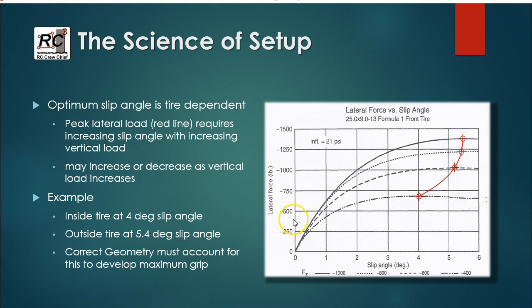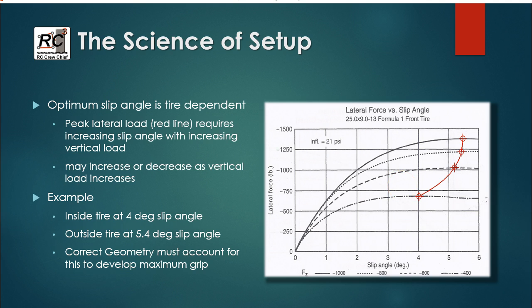Now, to keep that balanced on the other side, you have toe out on the other wheel, so they're balanced out. So now, if you consider that we start turning into the corner, the inside tire is developing slip angle very quickly, and the weight transfer has not really occurred yet.